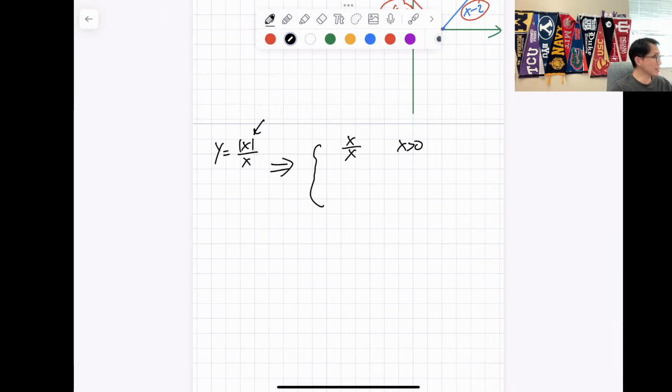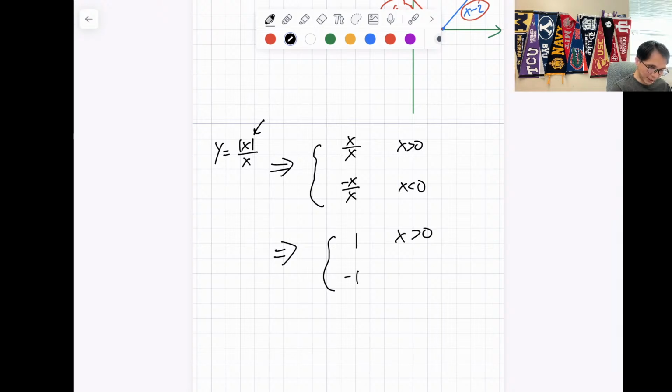Because you take the positive version of x. And for the negative side, it's going to be negative x over x. So therefore, it's going to be 1 when x is greater than 0, negative 1 when x is less than 0. And that's why you have two horizontal lines. When they reach 0, it's going to be 1, and from the left side, it's going to be negative 1.